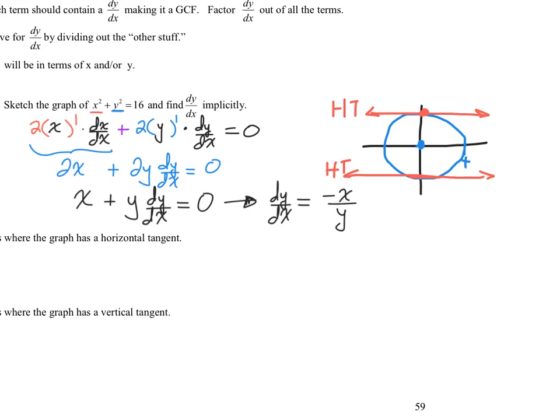All right, so the points where it has a horizontal tangent, in terms of x, that would be at x equals 0. Now in terms of x, where it has a vertical tangent, you'd be looking at 4 or negative 4.